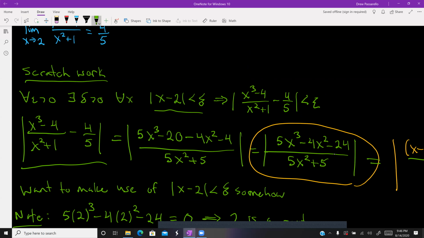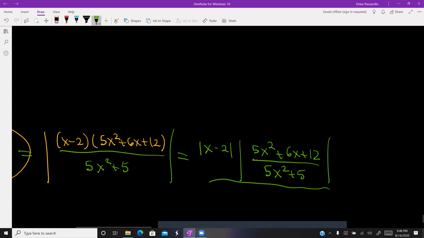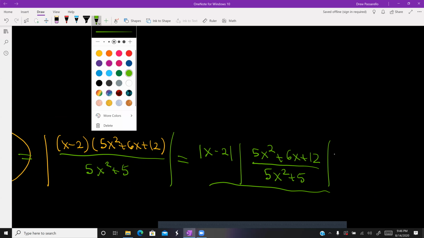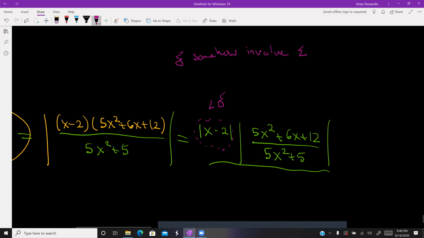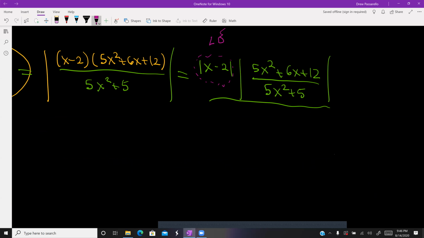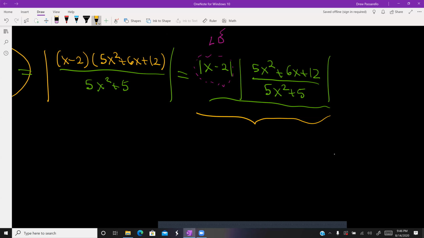We take this and it turns into this. We know we can make x minus 2 less than some delta, and that delta is going to somehow involve epsilon, because we need this entire thing to be less than epsilon.